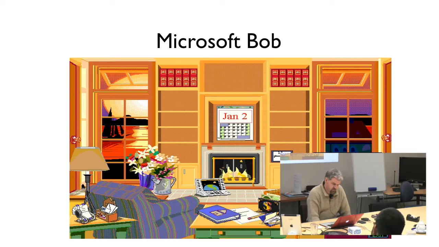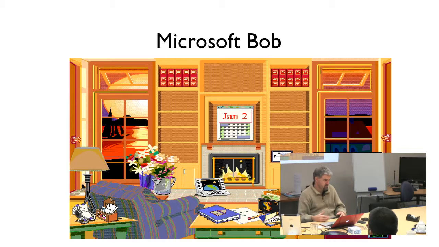And perhaps the main problem is that there was no transfer of learning. In this case, the underlying metaphor is a house metaphor. You've got your house, and you've got these objects in the house that do special things. But the goal of this was to teach people how to use Windows, and Microsoft Windows isn't built with the house metaphor. But when you say the goal is also to give people the confidence to use the computer.